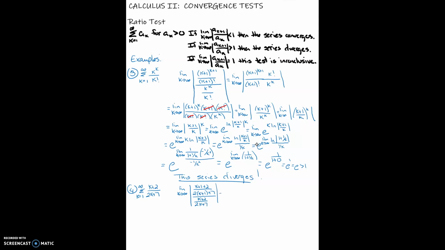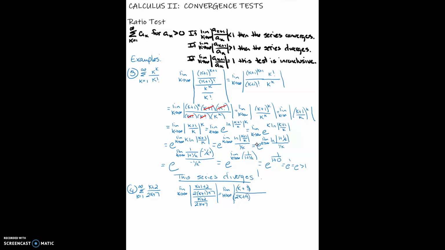Let's go ahead and combine some things, get rid of that complex fraction. We have k plus 3 over 2k, distribute the 2, add the 7, 2k plus 9.